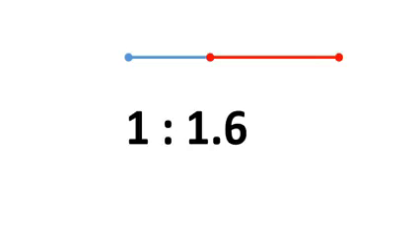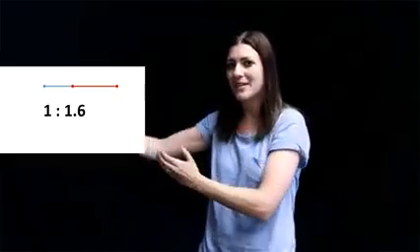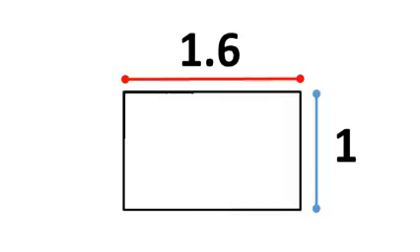Now, to help give you an idea of what a 1 to 1.6 ratio is, compare it to a 1 to 1 ratio. So to make a 1 to 1.6 ratio, you just envision a little more than half of the initial line added to the line of the other side. All right, so this ratio of 1 to 1.6 is the ratio that's called the golden ratio.